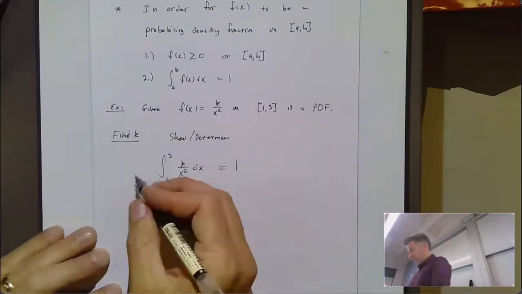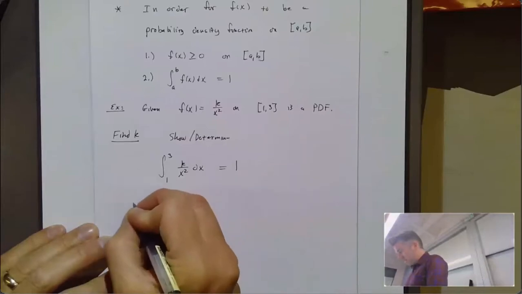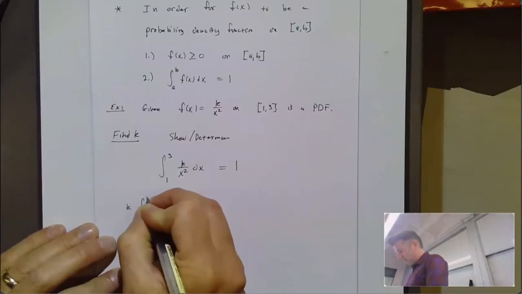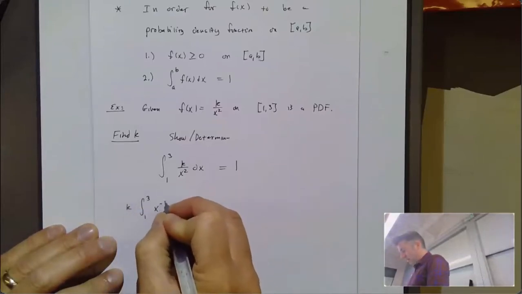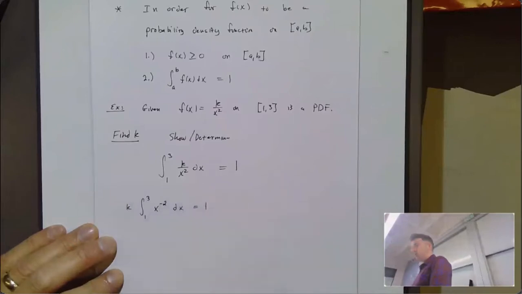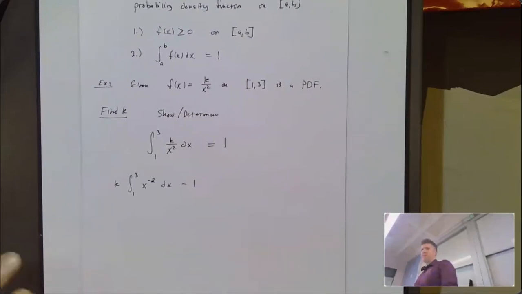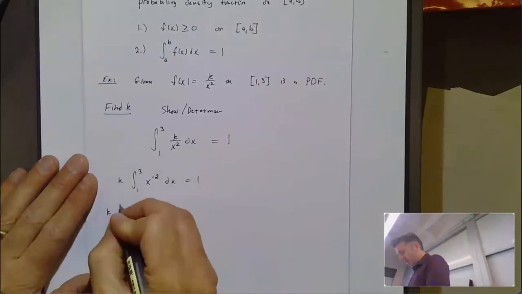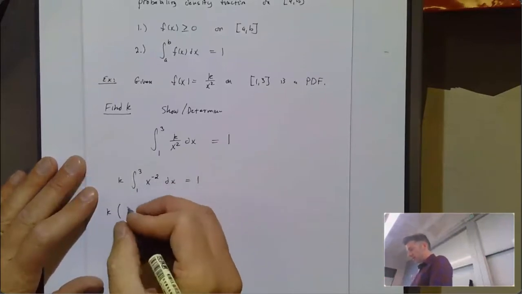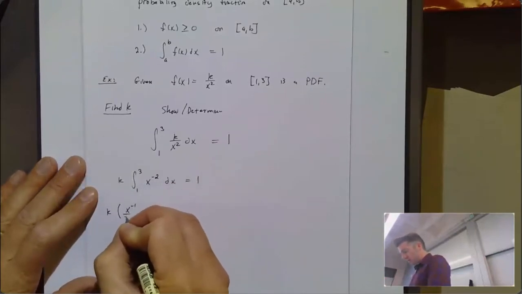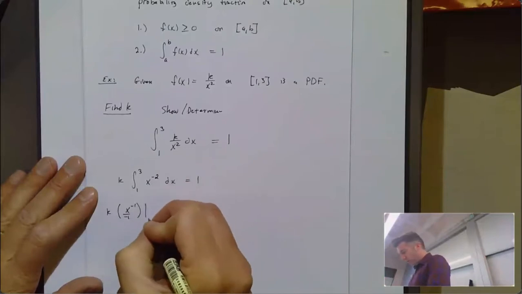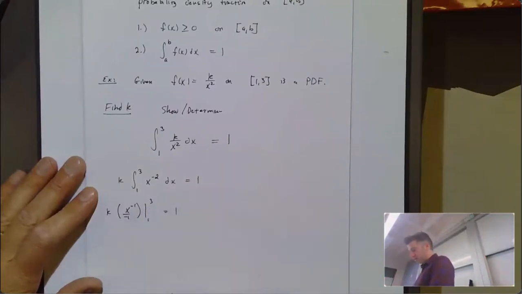So I would probably factor out the k, rewrite this as k times the integral from 1 to 3 of x to the negative second equal to 1. Some people like to divide by the integral, like say k is equal to 1 divided by the integral from 1 to 3. I feel like that's unnecessary. Let's just find the integral and then divide by whatever the number is. So we have k times the integral of x to the negative second, which is x to the negative first over negative 1, from 1 to 3 equals 1.